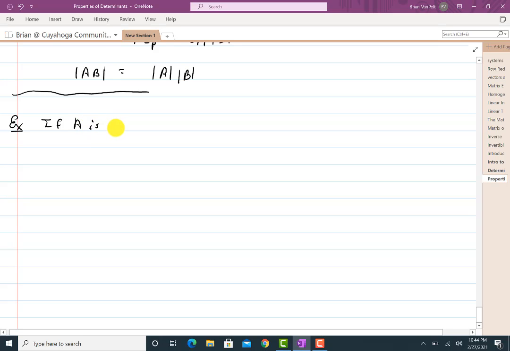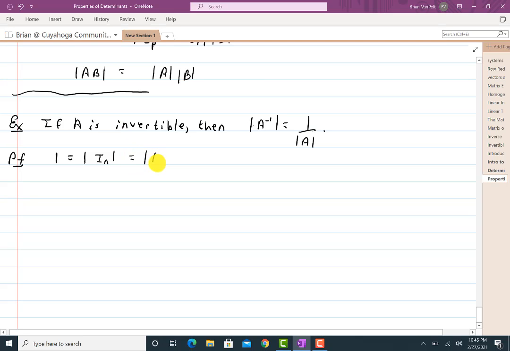If A is invertible, then the determinant of A inverse equals 1 over the determinant of A. Here's the proof. This is a really simple one here. We know that 1 is the determinant of the identity matrix.